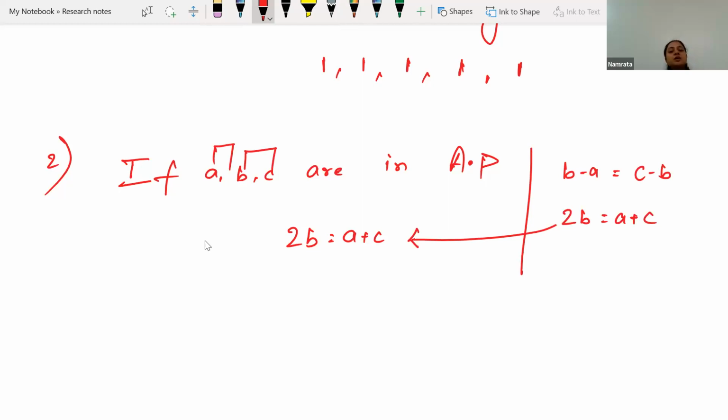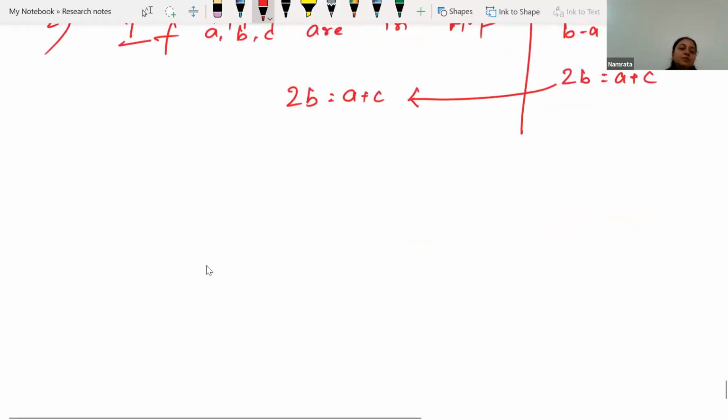Sometimes we need to use this property to generate the relation between A, B and C to get one equation. Okay. So here let's see how we will be using it.